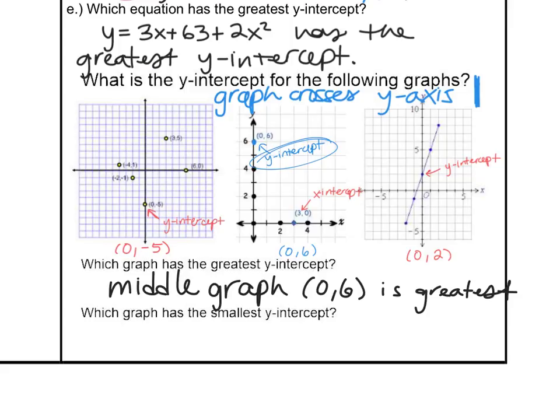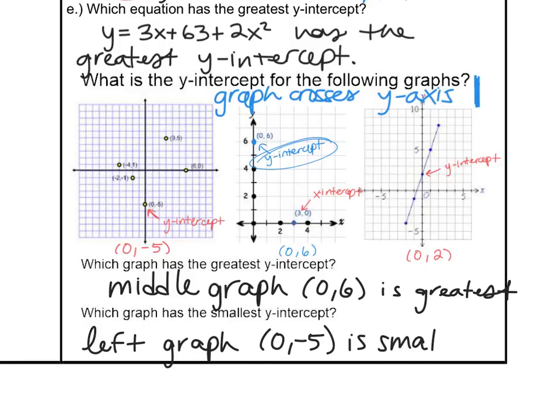We have -5, 2, and 6. -5 is the smallest, so the left graph, which is at 0, -5, is the smallest. Don't overthink it. -5 is the smallest number, 6 is the biggest number.